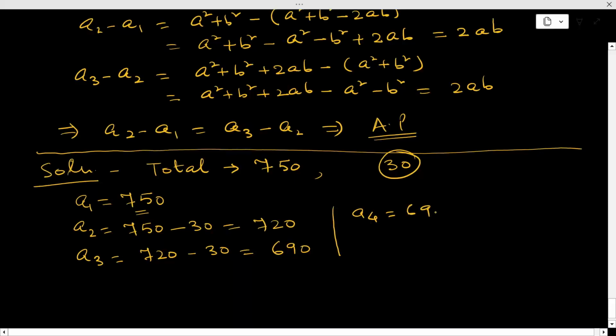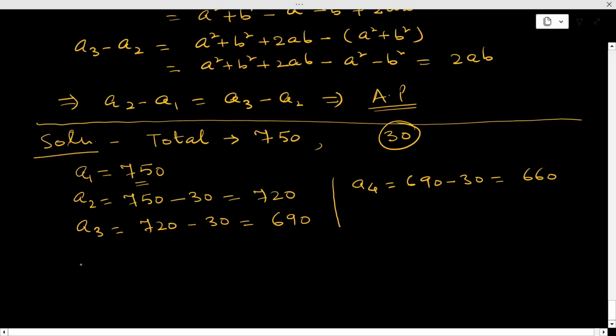So the next term can be obtained by 690 minus 30, so this is 660. So now we can write this as: initially we are having 750 students, after that 720 students, next 690 students, then 660 students, and so on.